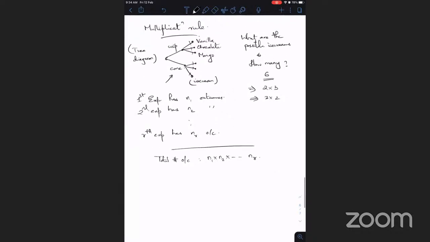So to see a concrete example for applying this rule, let's see the following problem.